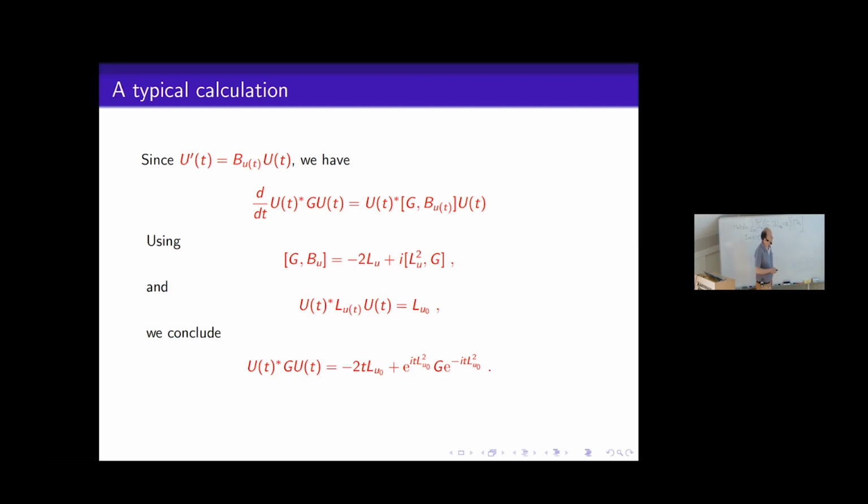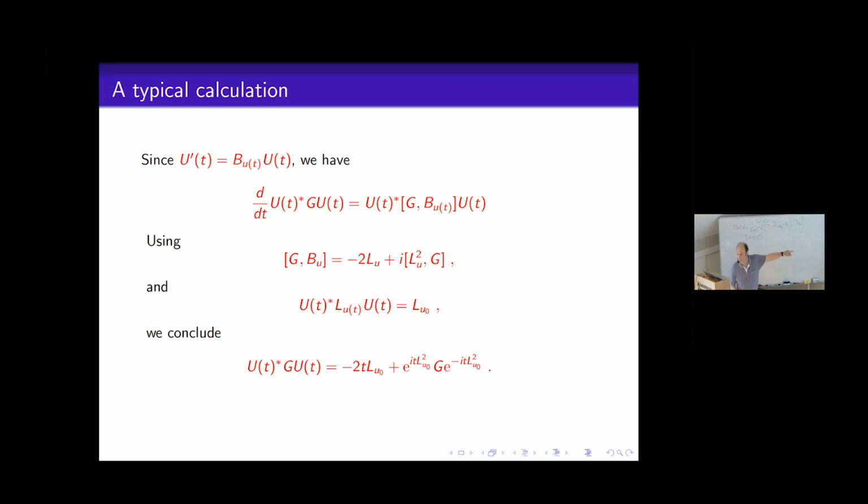And moreover, of course, you know that L_u(t), this is what I wrote on the iPad, U(t)* L(t) U(t) equals L(0). If you replace G by that, applying this, you can integrate this differential equation and you get this. So it only depends on t and u0, my initial datum.